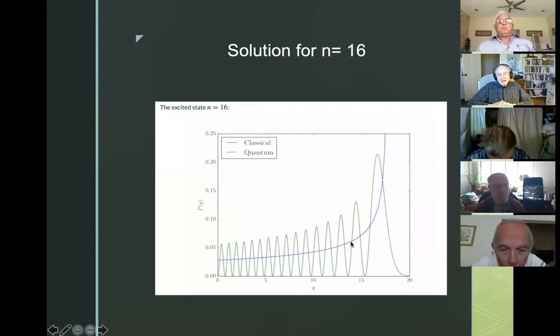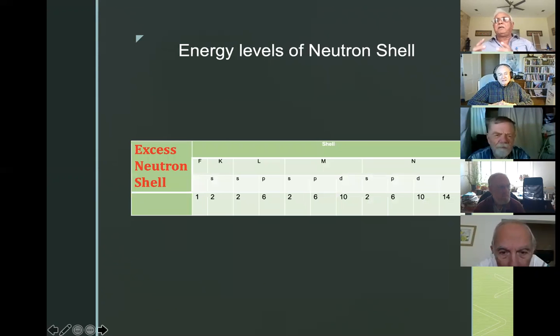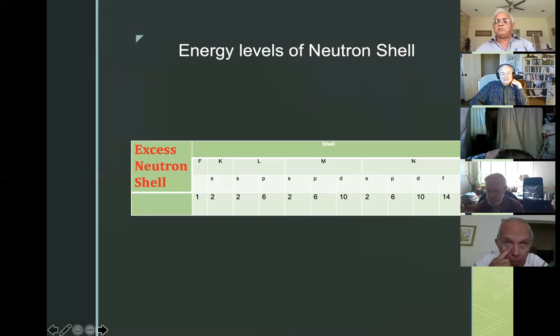So it can take them, but when it is an odd Z element, then it cannot accept any more neutrons, because that is the only one stable element. When the next one comes, the excess neutron shell is not a spin balanced one. When it is not spin balanced, it's going to destruct the whole system right away.